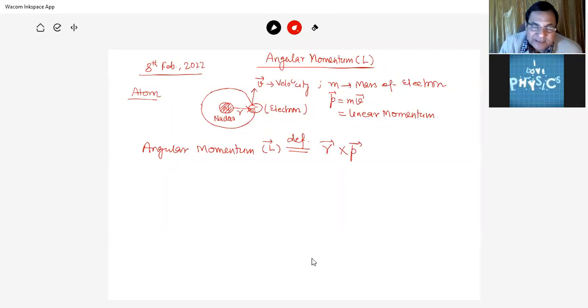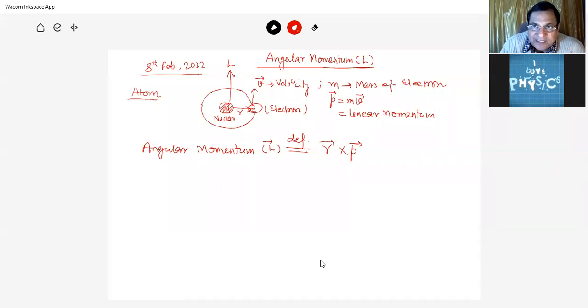The direction of a cross product is perpendicular, so this will be the direction of L. Using the right hand rule, this is r and here is p, and the thumb gives the upward perpendicular direction.